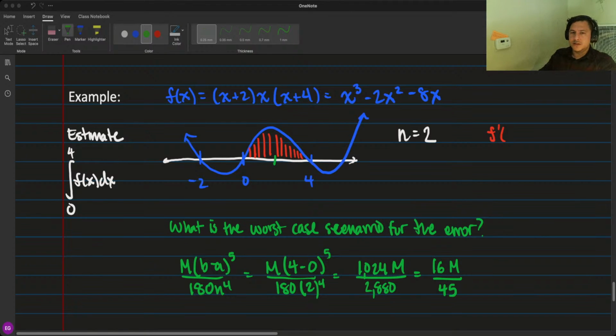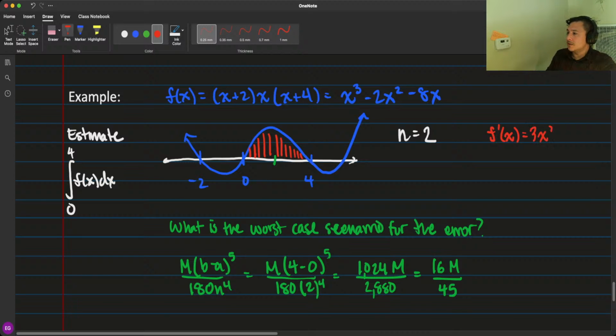Okay, so now we need to figure out what M is. How are we going to figure that out? We need to calculate our derivative. First derivative is 3x squared minus 4x minus 8. Second derivative will be 6x minus 4. Okay, 6x minus 4, we know looks something like this.